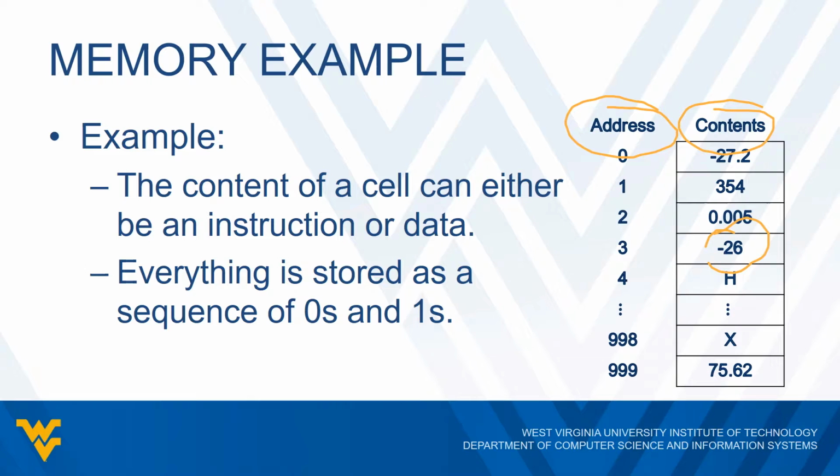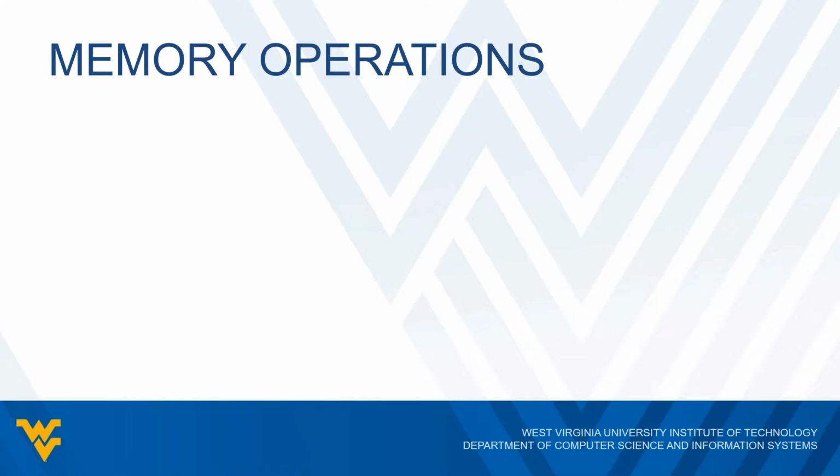It's actually stored as a sequence of zeros and ones, because that's the only way the machine can read values in our memory. And then it's up to the program to interpret those zeros and ones to determine what the actual data is. To give you an example, we might have 001001110 stored in a memory cell.